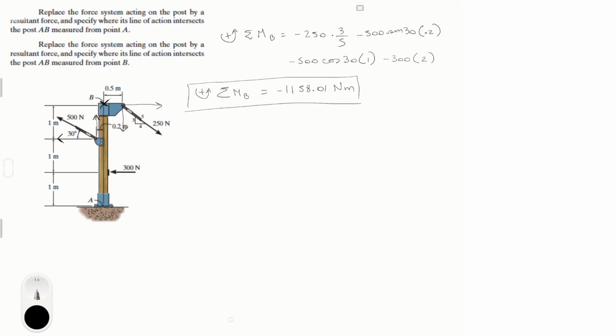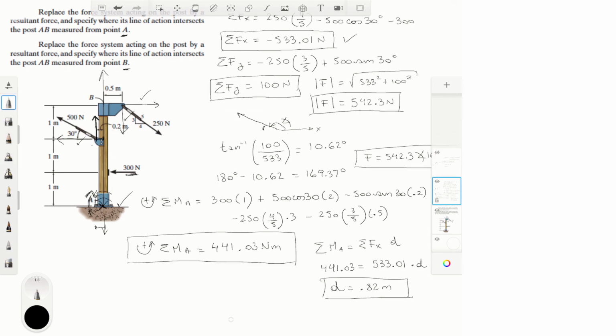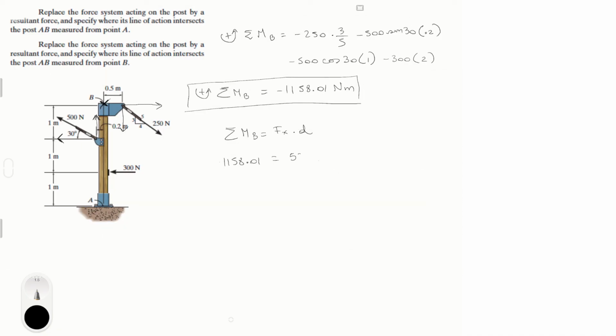And just like we did before, Fx times d. And if you plug in your numbers, you get 1158.01 is equal to Fx, which is equal to 533.01 times d.